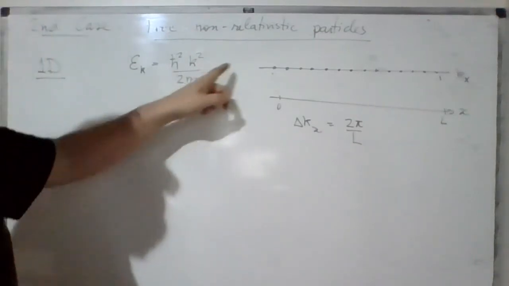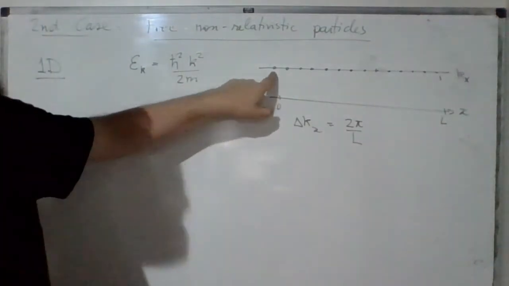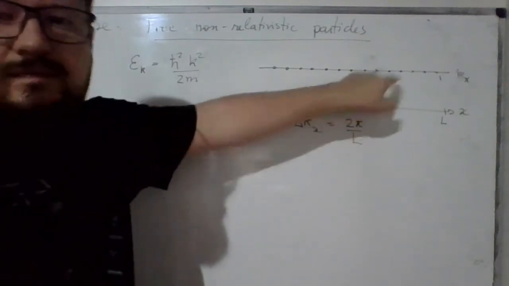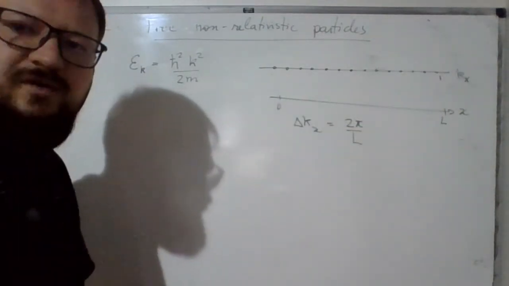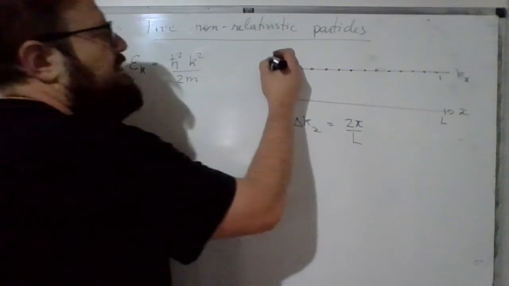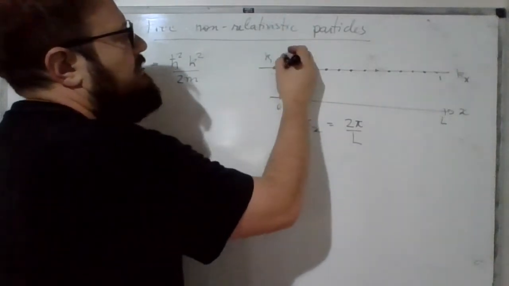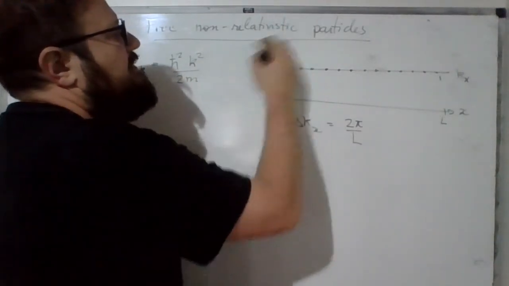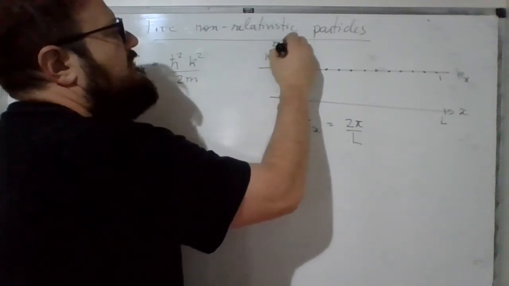You are at first dealing with a discrete spectrum for k, and between a given k1 and a given k2 there is a distance 2 pi over L, right?